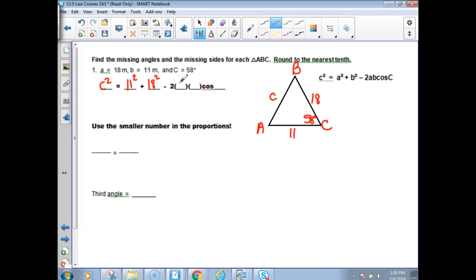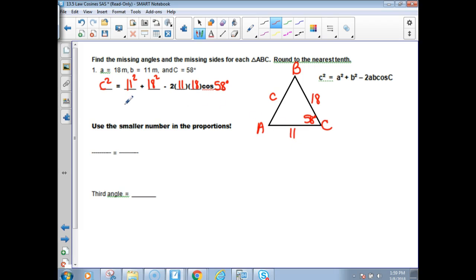And then subtract 2 times their product times the cosine of the given angle between those sides. So this is side angle side. We've got 2 sides and the included angle. Then you can use law of cosines to find a side. Once you find that side, then you can use law of sines to do other stuff.